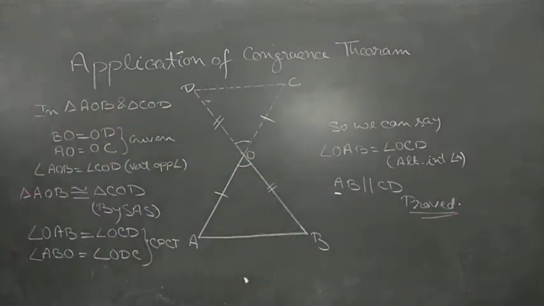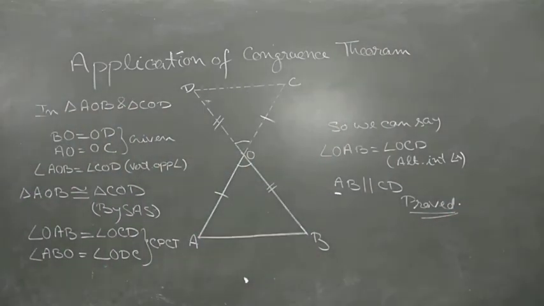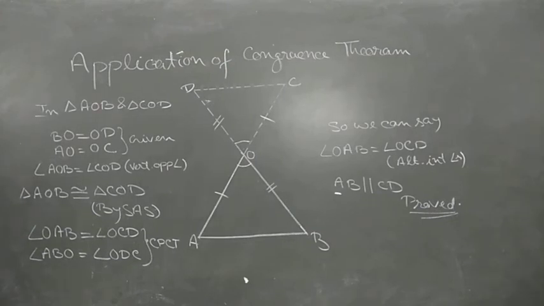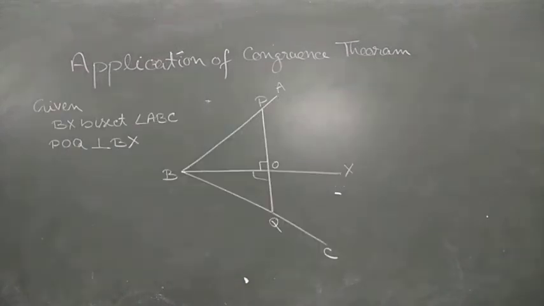This is how you apply the congruence theorem in problems you face in your exercises. In the next figure, it says that this is angle ABC and line BX bisects the angle ABC.